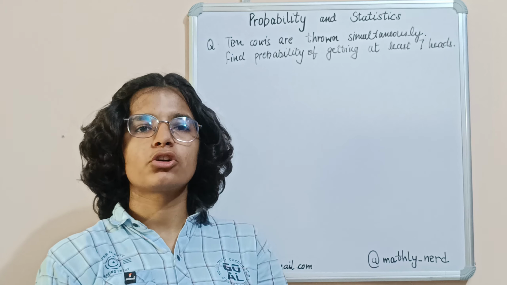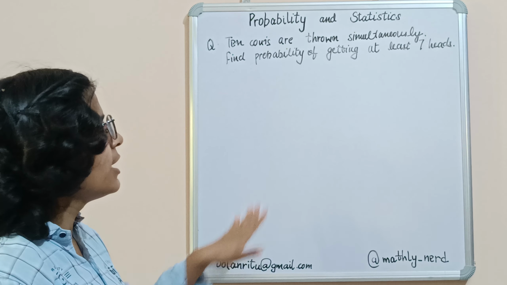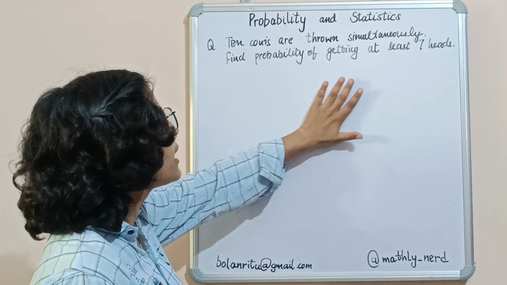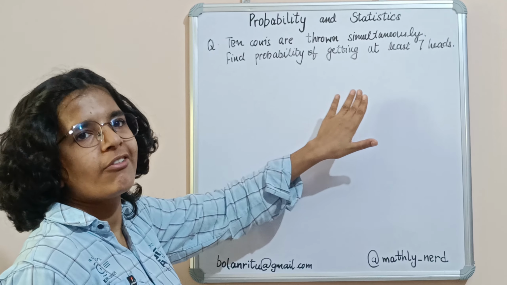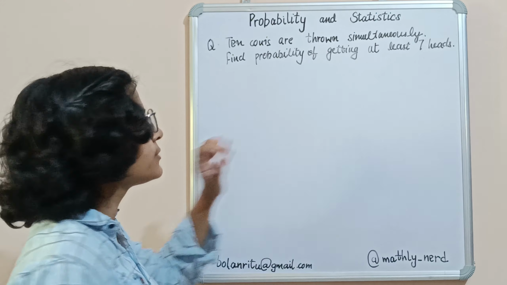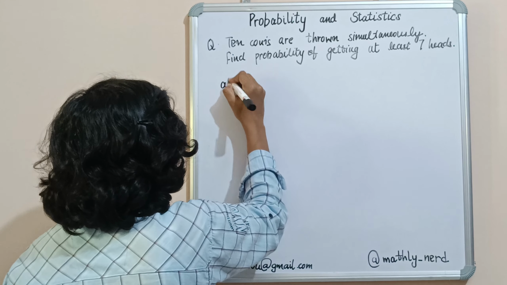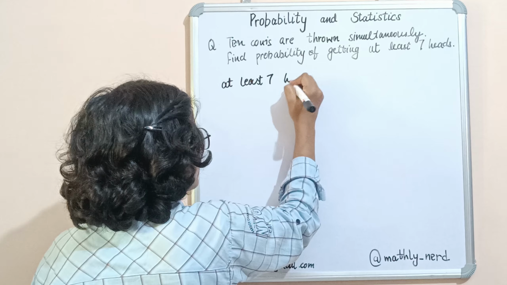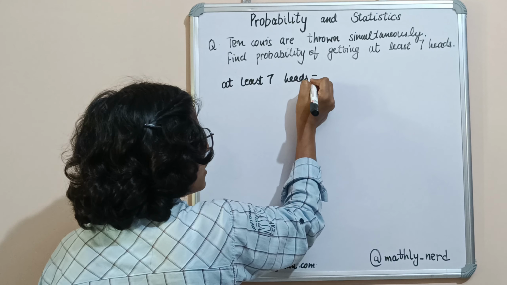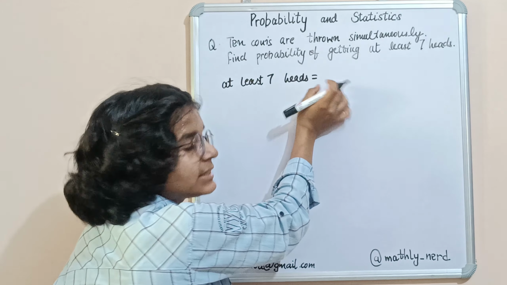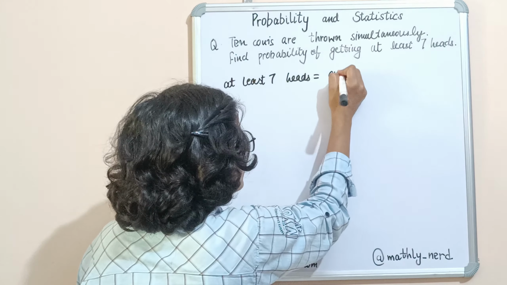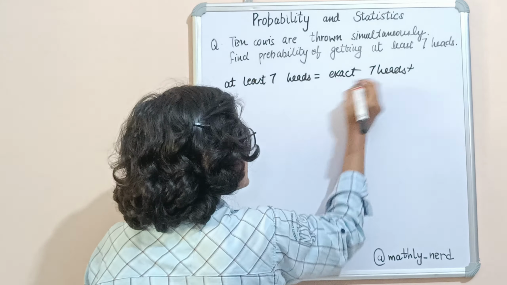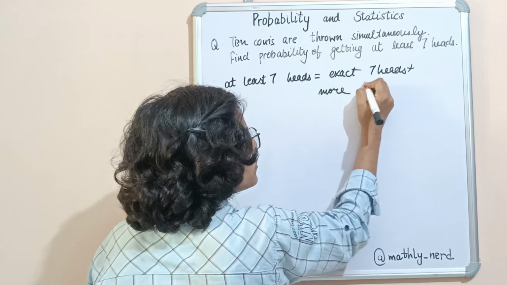Now we will solve questions. Our question is, if we throw 10 coins simultaneously, what is the probability of getting at least 7 heads? At least 7 heads means exactly 7 heads plus more than 7.